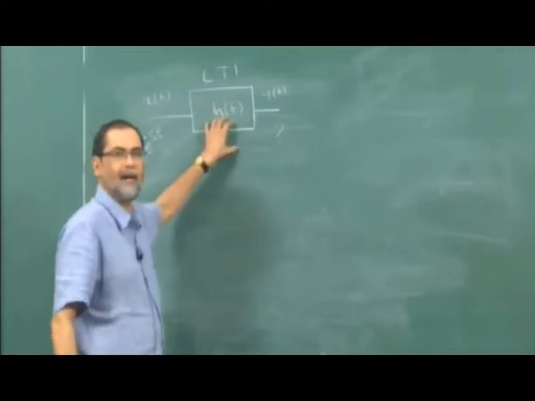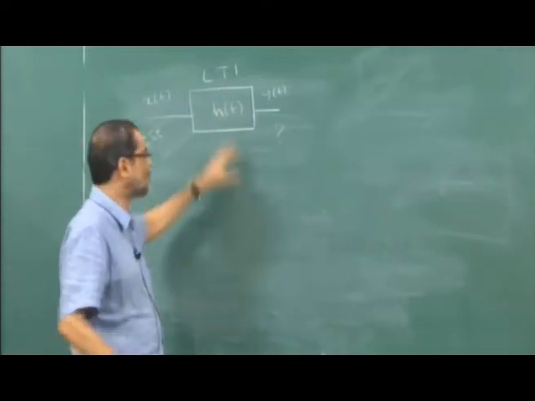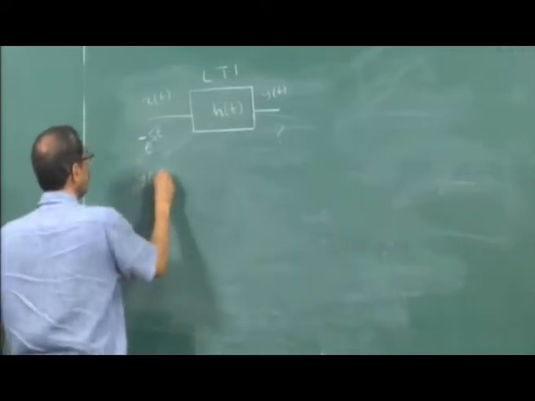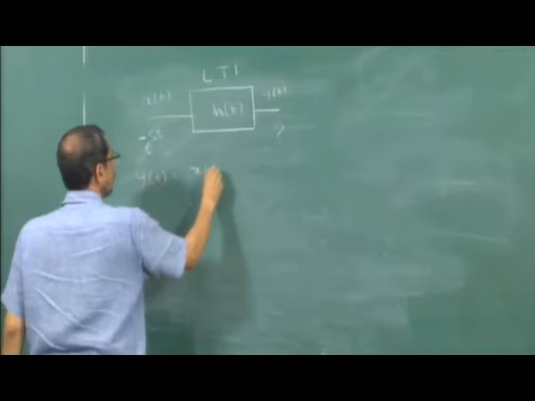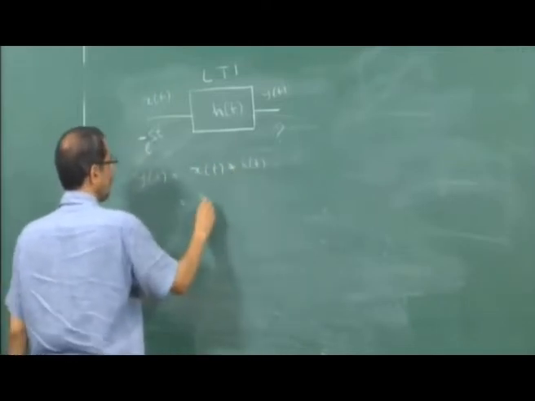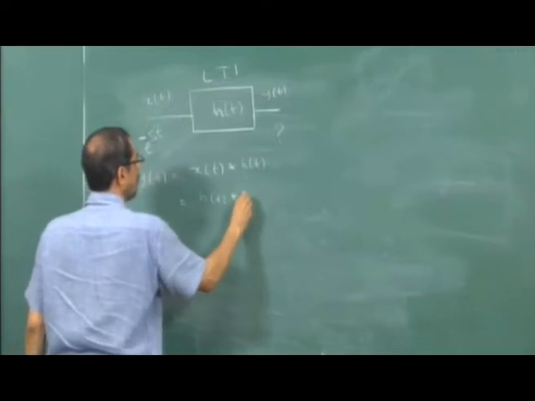Because it is LTI, convolution holds good. So let me try convolution. So I say, okay, y of t is x of t convolved with h of t, or it's commutative, so h of t convolved with x of t.